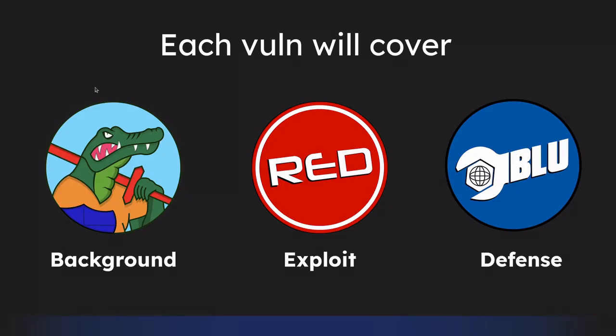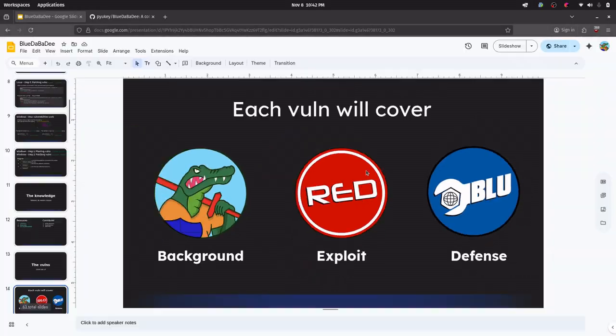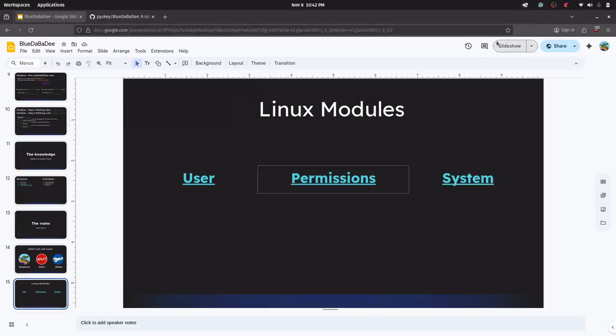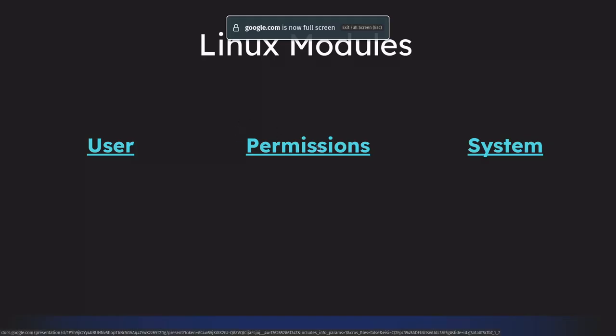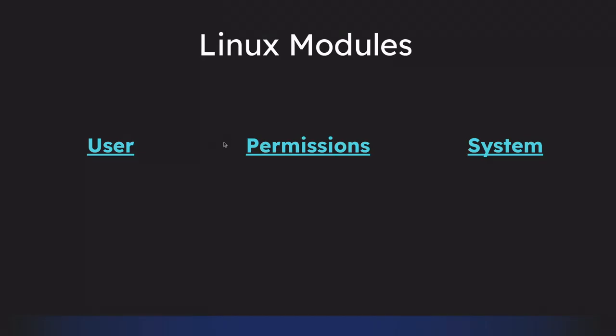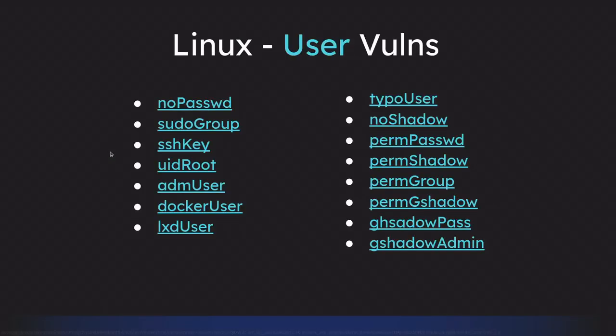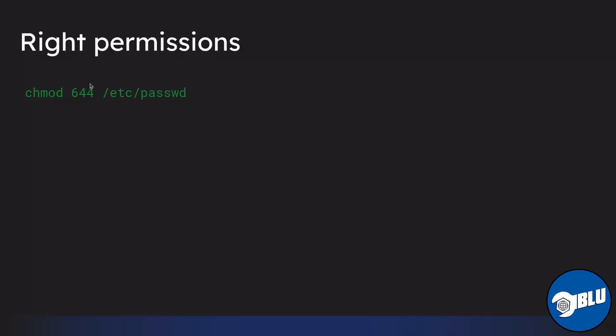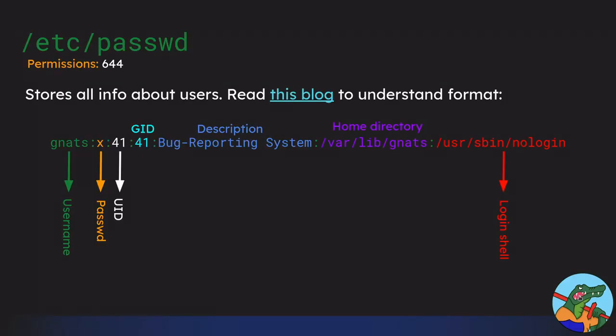Hopefully by organizing things in this way, it's clear that you have the thing you want. Another cool thing about this is I hyperlinked everything so it connects over. If I do this, it brings me to all of the user vulnerabilities. Let's say that I want to talk about this one. It brings me directly to the section on it.